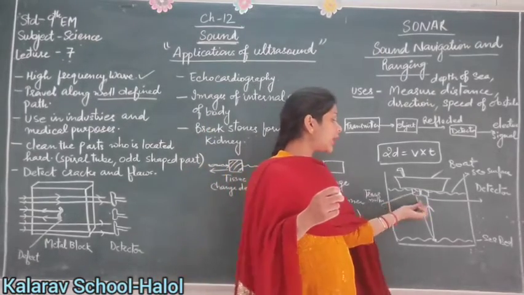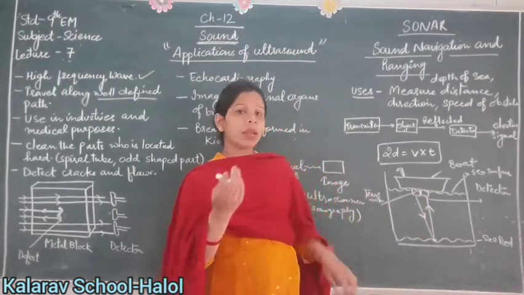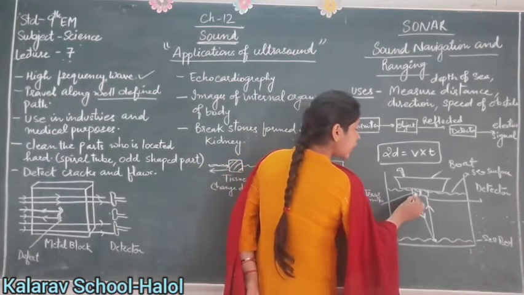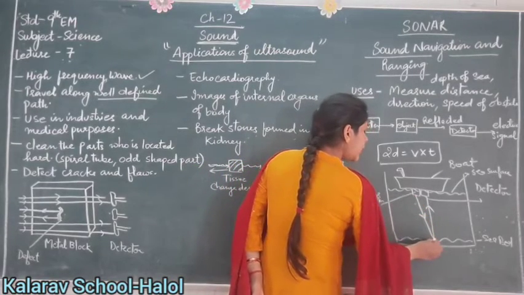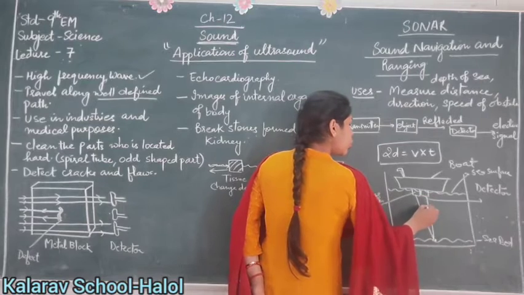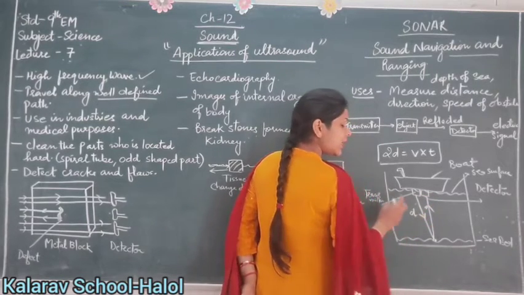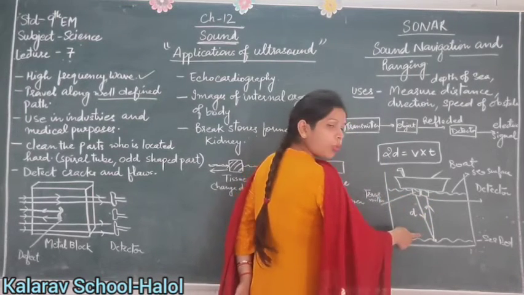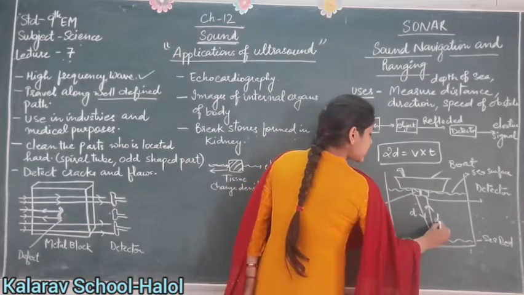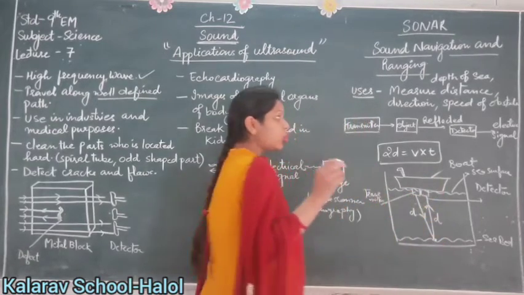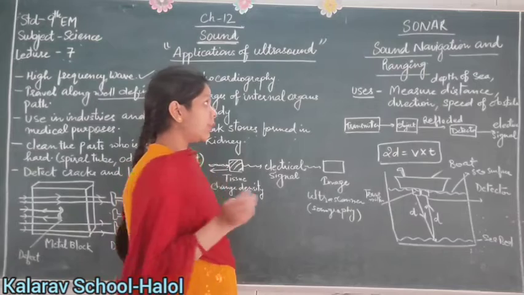As you see, the ray covered the distance twice. Firstly the ray goes there and comes back. So it covered a distance d from this point to this point, and a distance d from this point to this point. So the total distance is 2d.